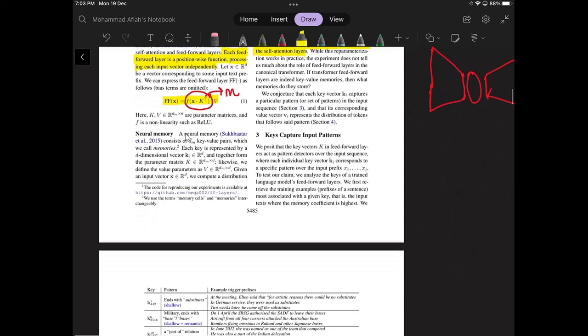So we conjecture that each key vector ki captures a particular pattern or set of patterns in the input sequence, and that its corresponding value vector represents the distribution of tokens that follow the set pattern. So if you have a pattern, in simpler terms, you must have read hundreds of sentences, right?